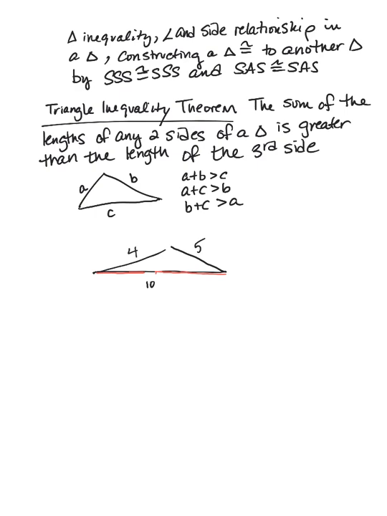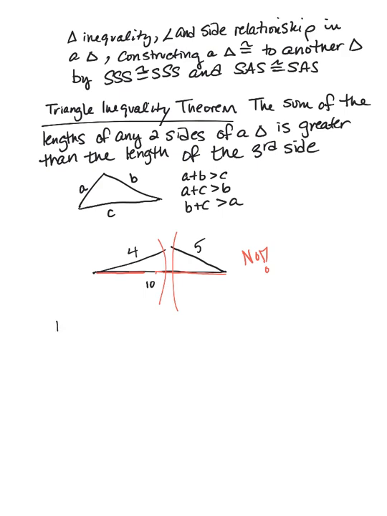You wouldn't be able to get a vertex because those two sides would not meet. If they added to 10, you still wouldn't be able to make a hinge because it would literally take up the entire side. So you need the sides to add to more than the third side. All right? So no, this does not make a triangle. These sides, okay, will not make a hinge, make a vertex.